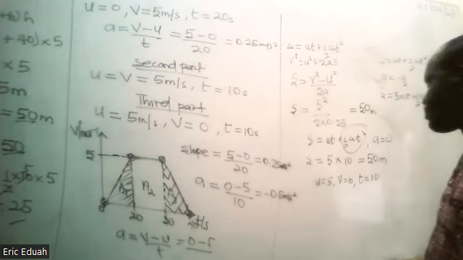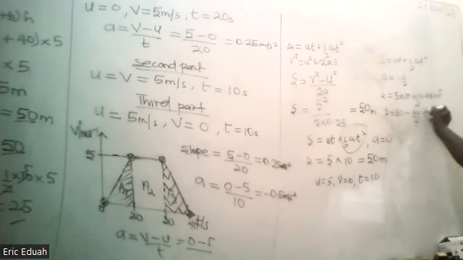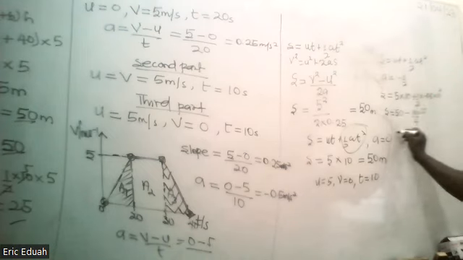Yes. Okay, so we have 50 minus 100 on 4. So this part is 25. 100 over 4 is 25. 50 minus 25 is also 25.